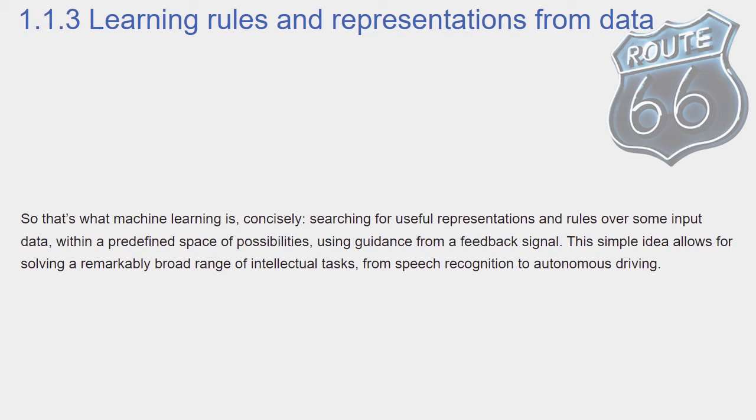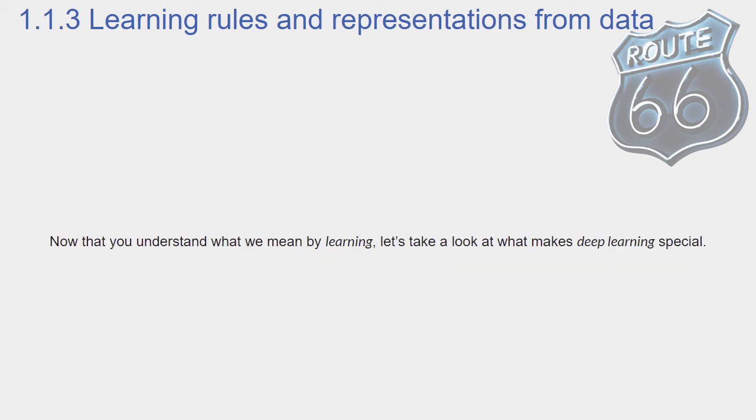So that's what machine learning is: searching for useful representations and rules over some input data within a predefined space of possibilities using guidance from a feedback signal. This simple idea allows for solving a remarkably broad range of intellectual tasks, from speech recognition to autonomous driving. Now that you understand what we mean by learning, let's take a look at what makes deep learning special.